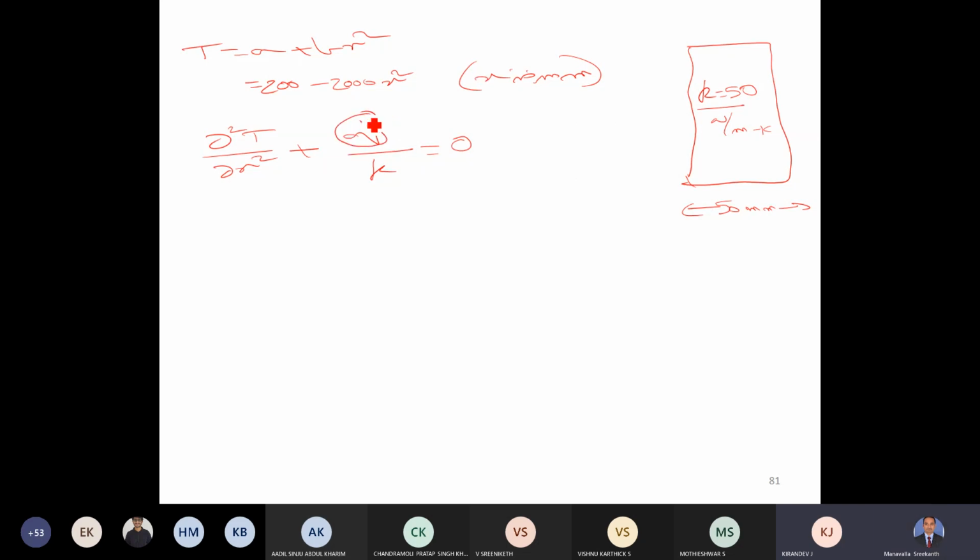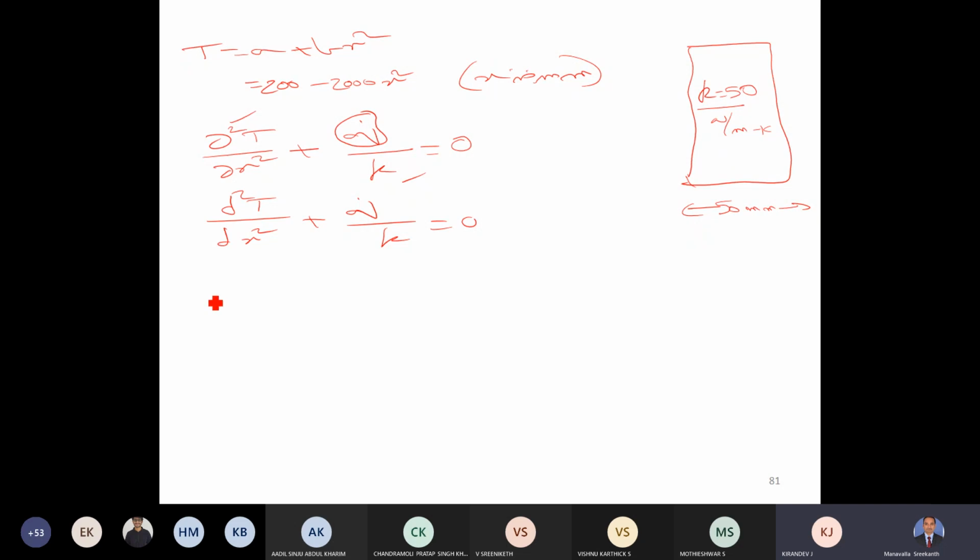Now we have to find the value of q dot. That's the question. If we know the value of k, and if we can evaluate dou square T by dou x square using this temperature profile, everything will be quite simple. Since temperature depends only on x, this becomes d square T by dx square plus q dot by k is equal to 0.